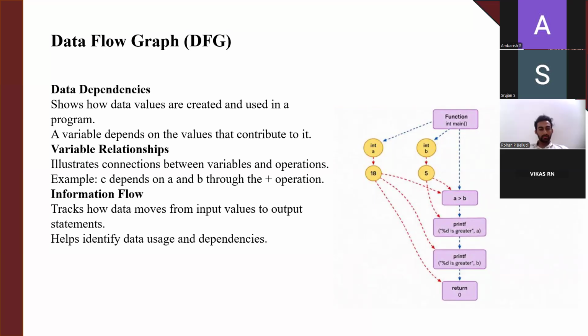Example: C depends on A and B through the addition operation. Information flow tracks how data moves from input values to output statements. It helps identify data usage and dependency.